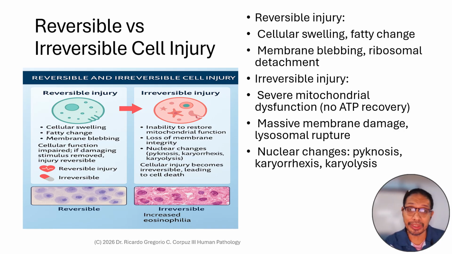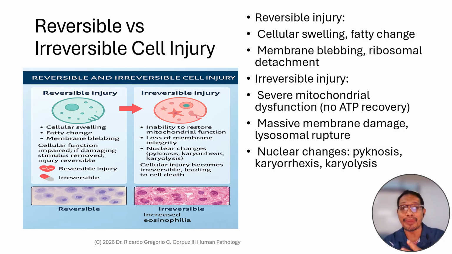Typical features include cellular swelling, fatty change, membrane blebbing, and detachment of ribosomes from the endoplasmic reticulum. These changes reflect energy depletion and ionic imbalance, but the cell's core machinery remains intact. In contrast, irreversible injury occurs when the damage surpasses the cell's ability to recover. Those two major events define this transition.